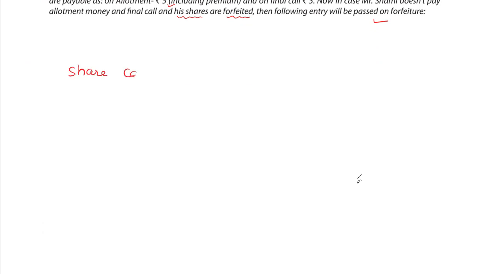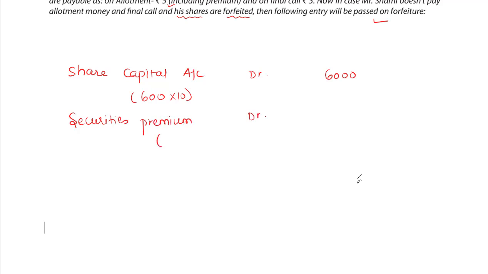Share capital account debit, 600 multiplied by 10, that is 6,000. Securities premium debit, 600 multiplied by 2, 1,200.